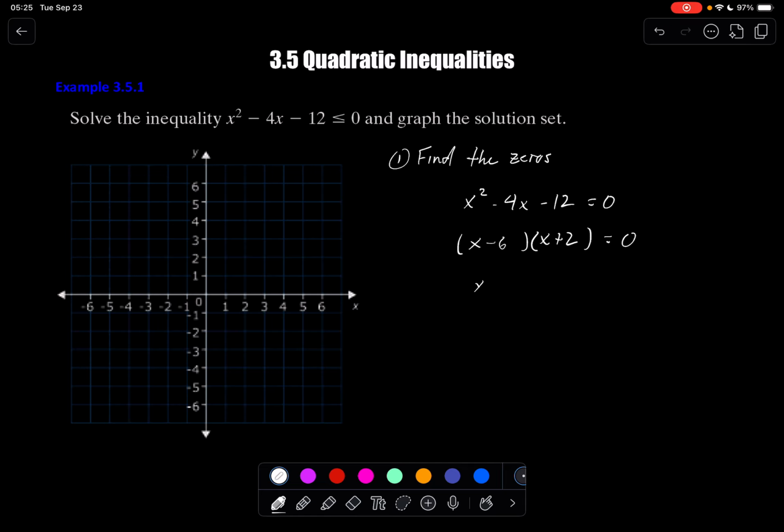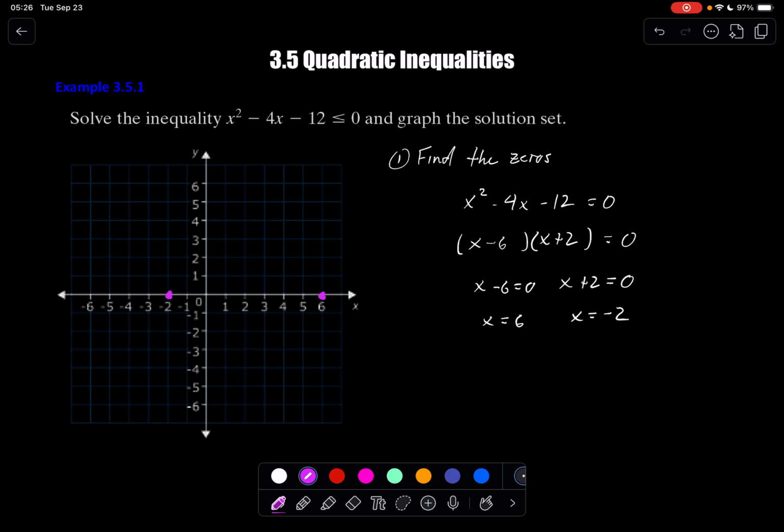And so our zeros are going to be x equals 6 and x equals negative 2. Okay. So we go to our graph here. We have a 0 at 6 and we have a 0 at negative 2.